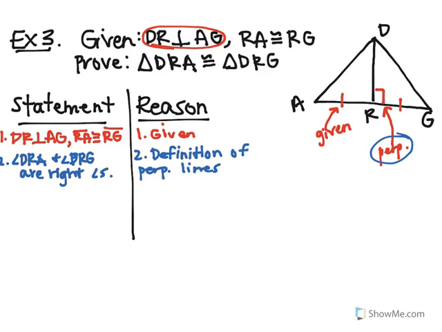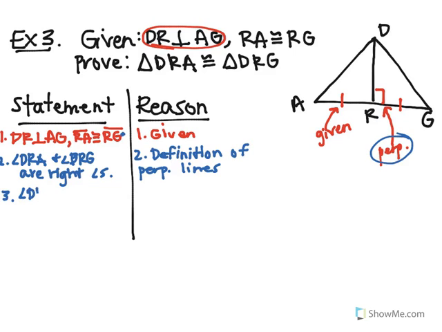Now I haven't really proven anything that's going to help me say why the triangle is congruent. I still only have this one side here. But now, if I know that both of them are right angles, then I know that both of them have to be congruent.